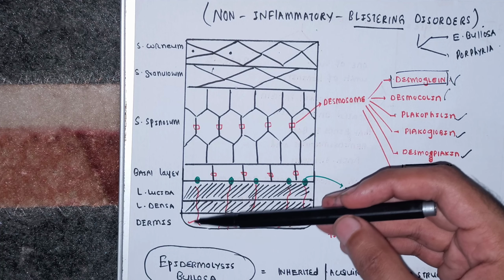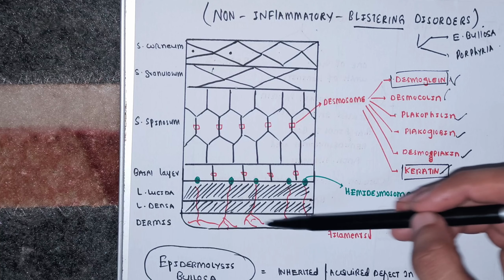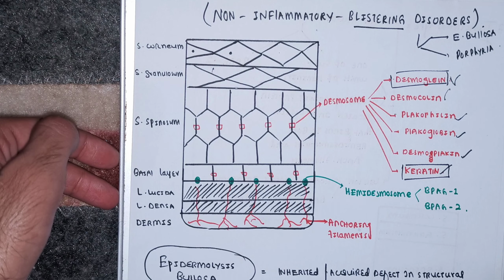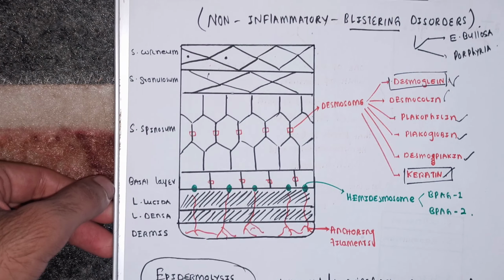These are anchoring fibrils, which connect the basement membrane with the dermis. So what is connecting the basal layer to the basement membrane? It is the hemidesmosome. And what is connecting the basement membrane to the dermis? The anchoring filaments. Now let's start with the non-inflammatory blistering disorders, which at number one include epidermolysis bullosa.